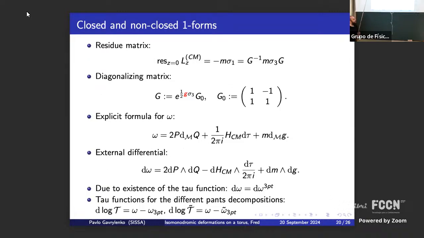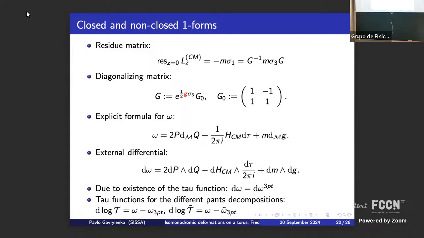And if you compute this one-form, say in our one-point case, we see that it is some one-form written on a little bit extended space. Because we have this P dQ as usual, but we also have a variable which is conjugate to the residue at 0, and this variable is responsible for the diagonal part of the matrix.